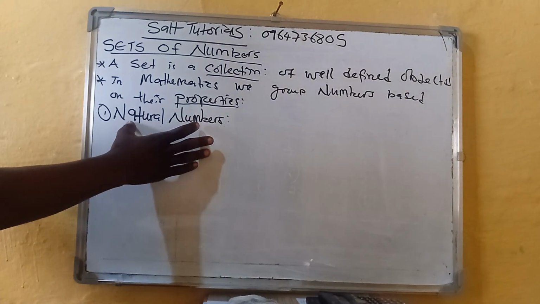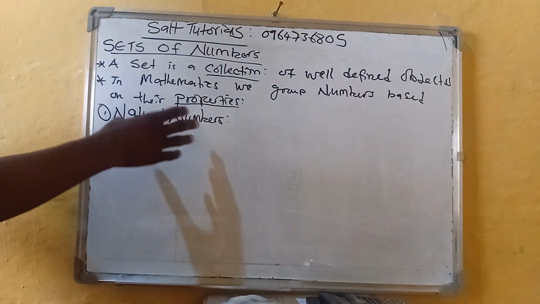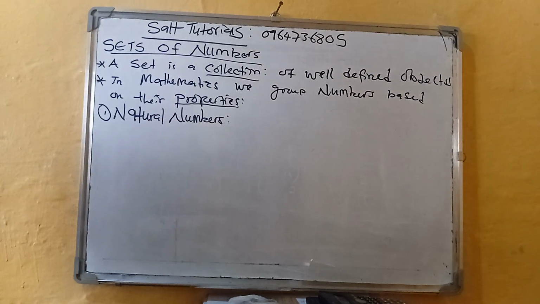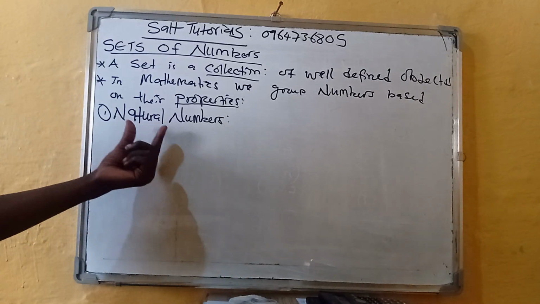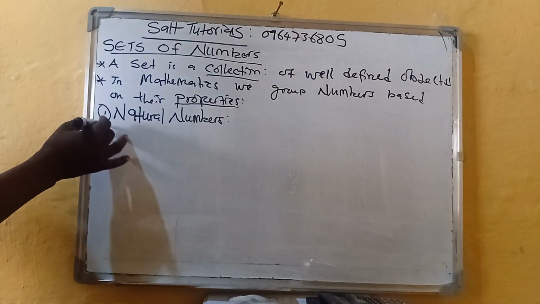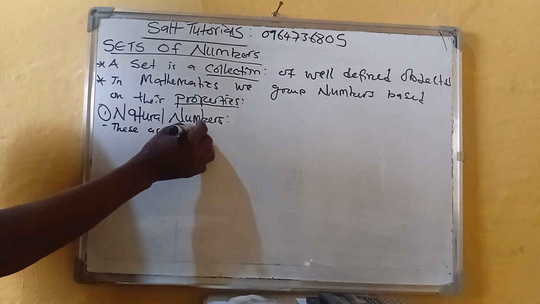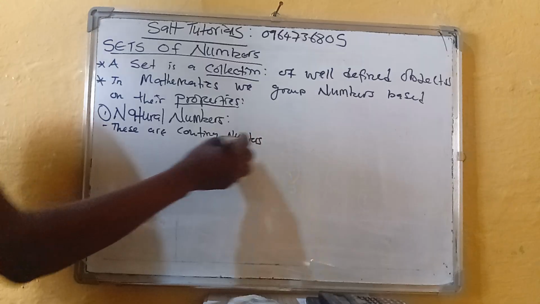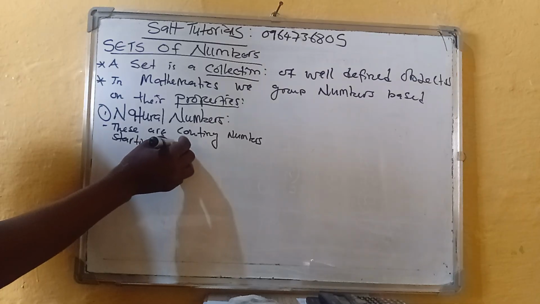This is a set, meaning it's a collection. I'm collecting numbers, and there are specific numbers I'm collecting, not just any type of numbers, because there are a lot of numbers in the world. A natural number set is a collection of counting numbers, starting from 1.